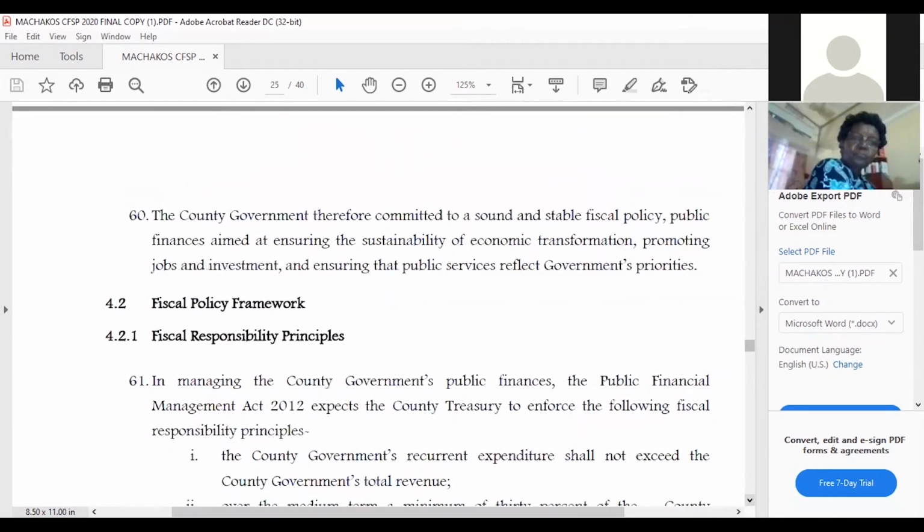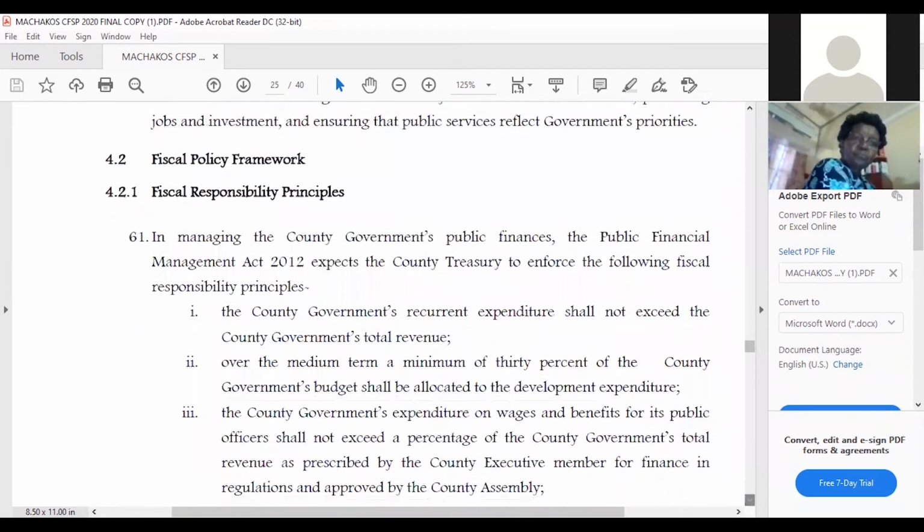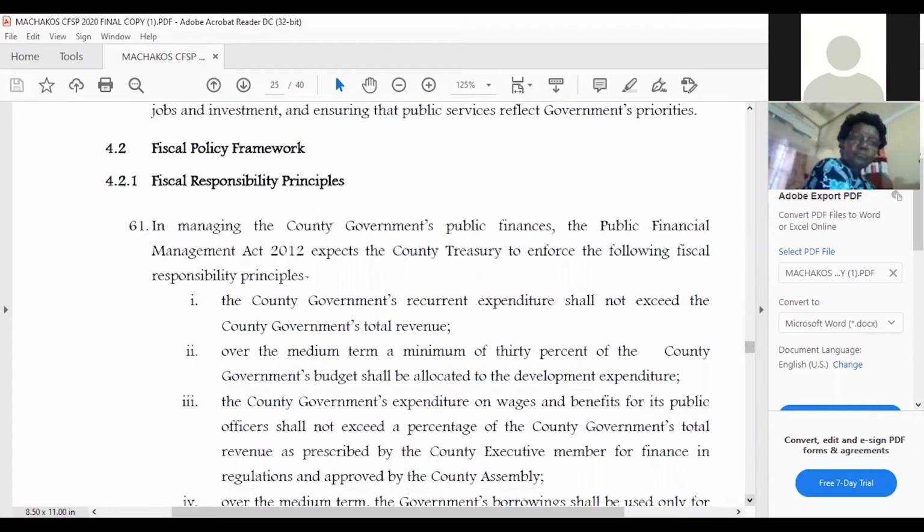I'd like to let you understand the fiscal responsibility principles. This is very, very important.